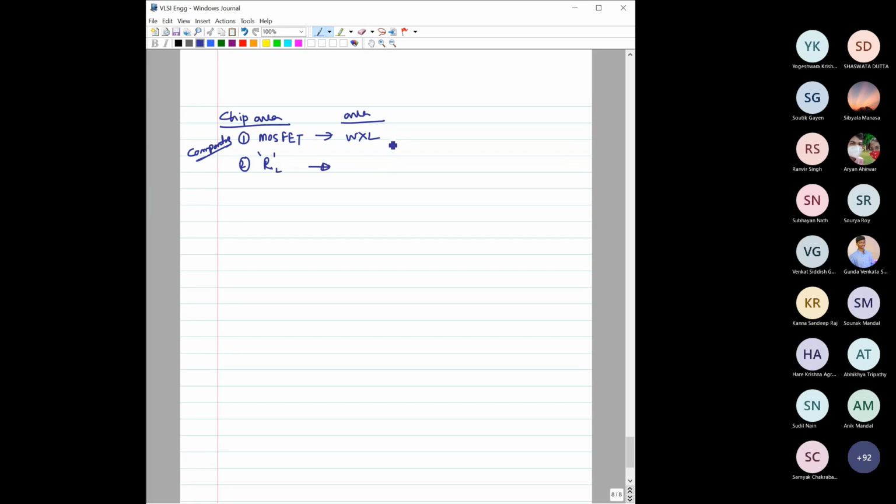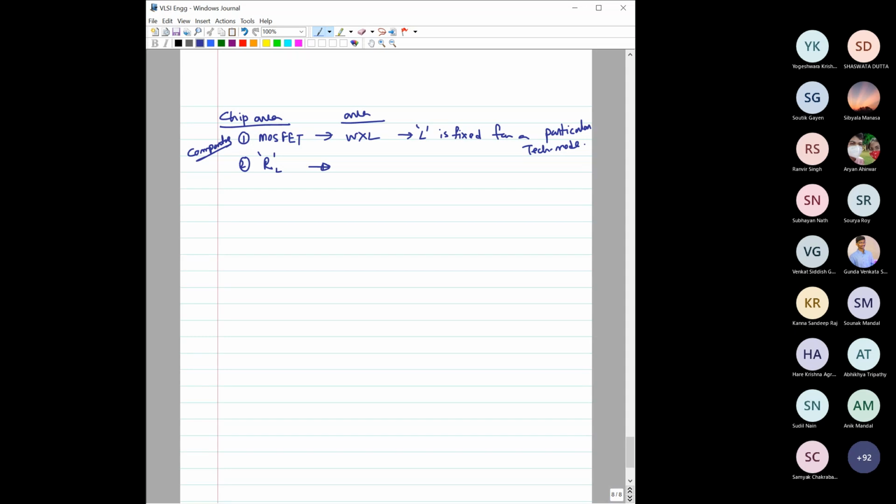Now, what is L? L is the length, W is the width. So length is fixed for a particular technology node. If you are choosing 180 nanometer, then you have fixed your gate length. You are not going to change it. You can't say that I make a transistor in this chip with a gate length of 180 nanometer and another transistor with 240 nanometer. No, that is not allowed.